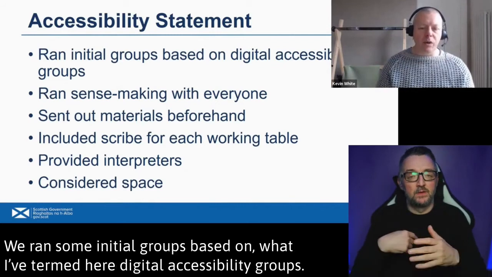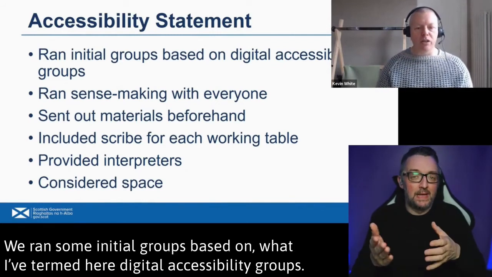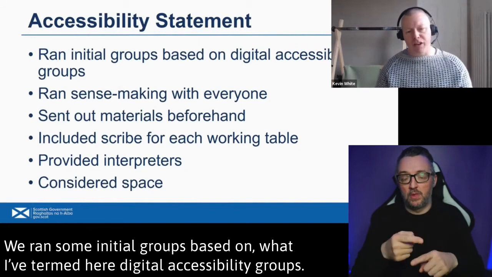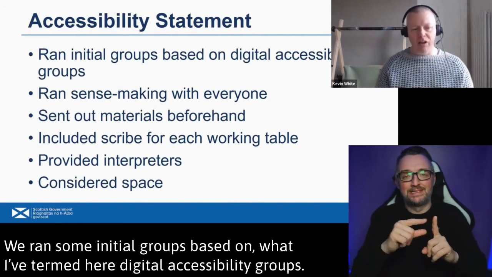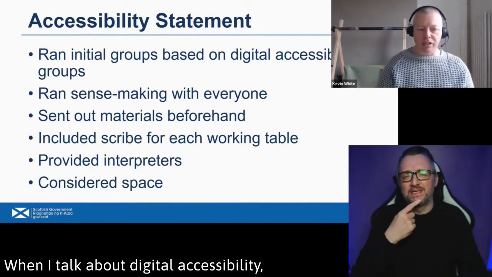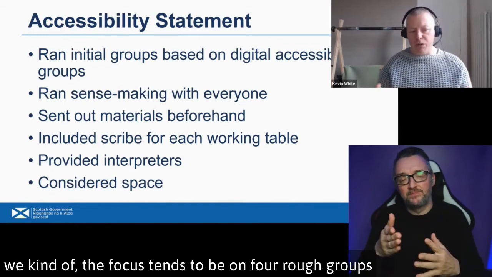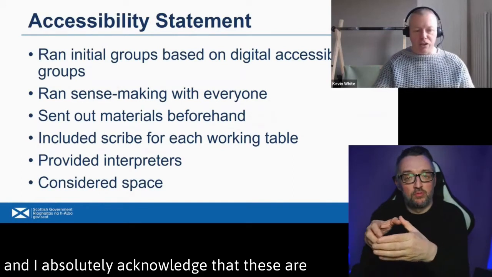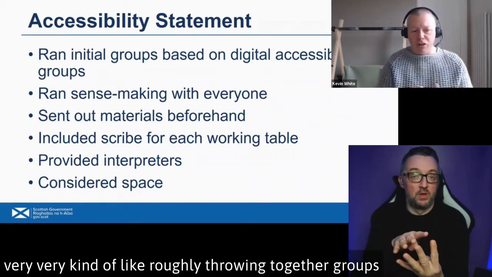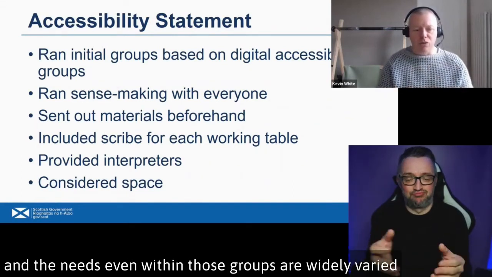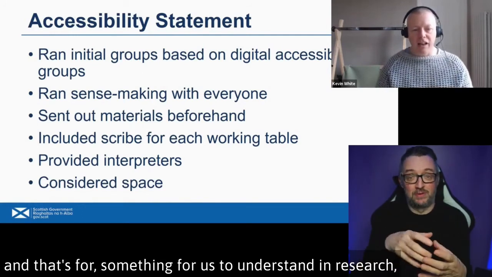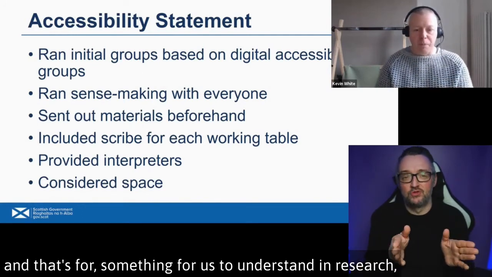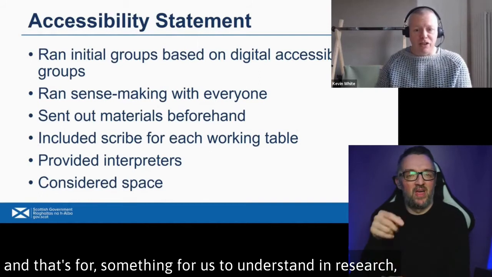We ran some initial groups based on what I've termed here digital accessibility groups. When I talk about digital accessibility, the focus tends to be on four rough groups, and I absolutely acknowledge that these are very roughly thrown together, and the needs even within those groups are widely varied, and that's something for us to understand and research.